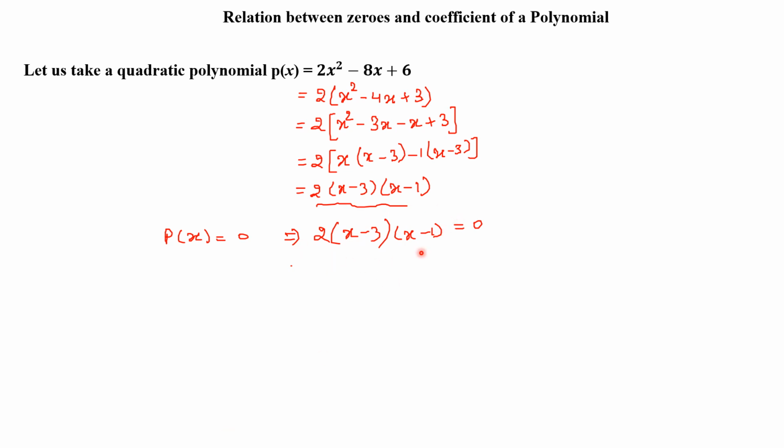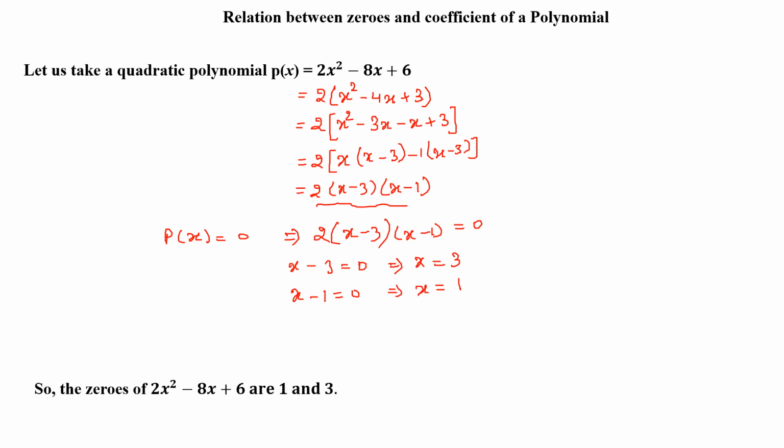This complete expression will become 0 when either x - 3 becomes 0 or x - 1 becomes 0. If x - 3 is 0, I get the value of x as 3. If x - 1 is 0, I get the value of x as 1. So the zeros of the polynomial 2x² - 8x + 6 are 1 and 3, isn't it?